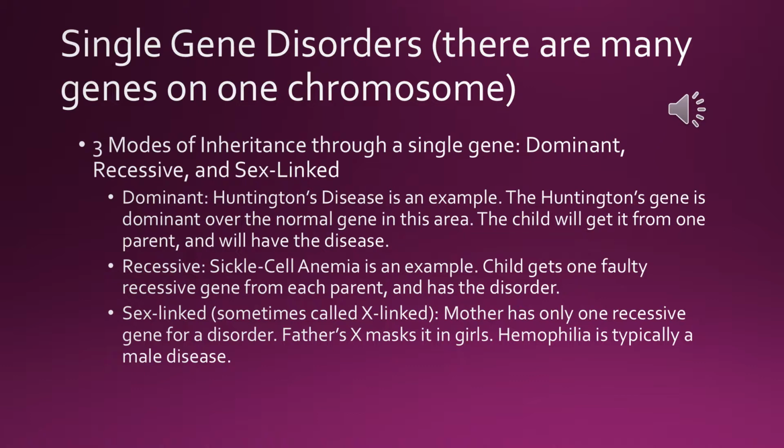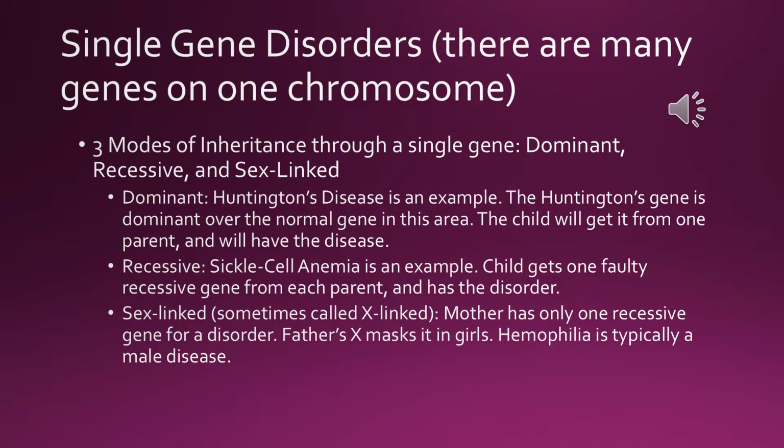Recessive gene disorders. Sickle cell anemia is an example. So sickle cell anemia happened in Africa. We think it evolved there because of the high incidence of malaria in Africa. So when people had malaria and were dying from it, their bodies over time developed these sickle cell genes.